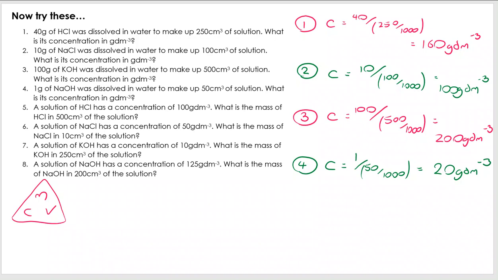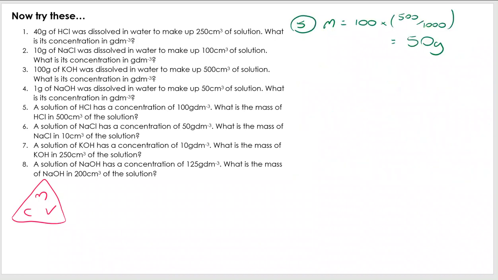Moving on to look at numbers 5 through to 8, and on these we are calculating the mass of the solution. Well, in this case, M is C times V. I take my concentration, 100, and I multiply by volume, 500 over 1,000.